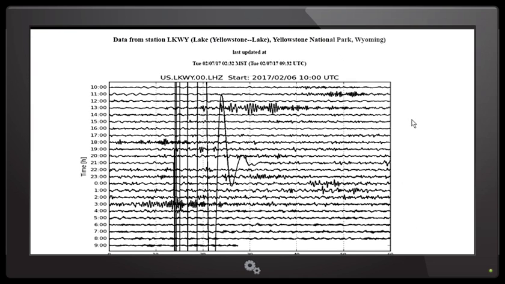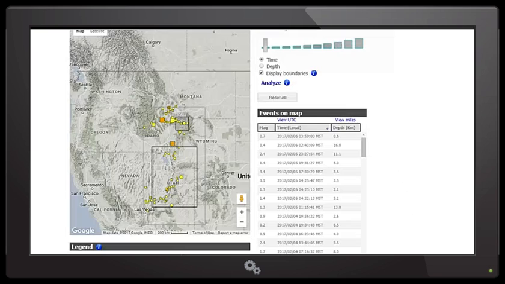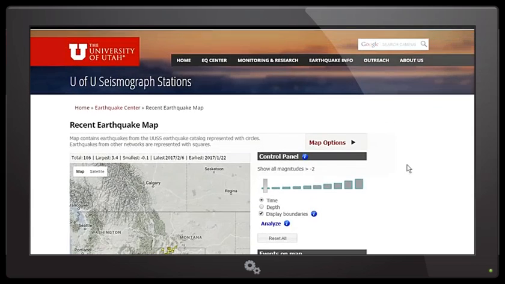And the reason why we're keeping such a close eye on Yellowstone is over the last few days and last week, this is a map showing you the seismic activity in Yellowstone, and this is coming directly from the University of Utah.